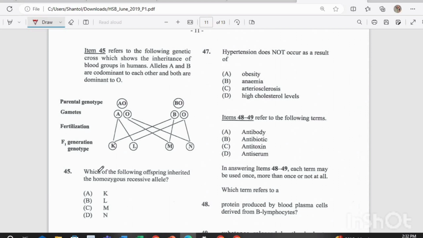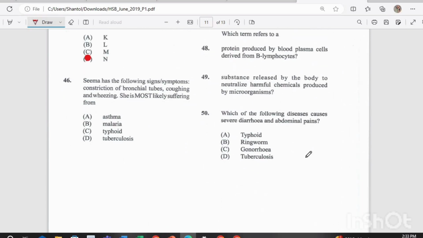The question asks, which of the following offspring inherited the homozygous recessive allele? So they're asking which one has both the recessive alleles, and the answer is obviously N, because that child got both recessive alleles for O. So 45 is D.